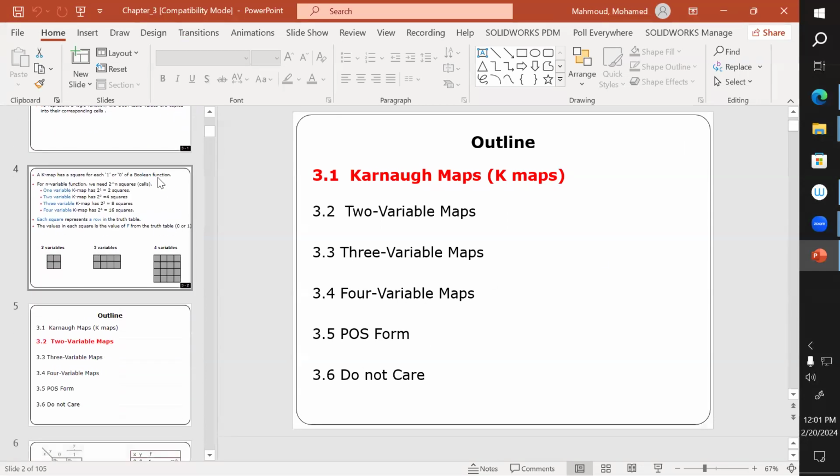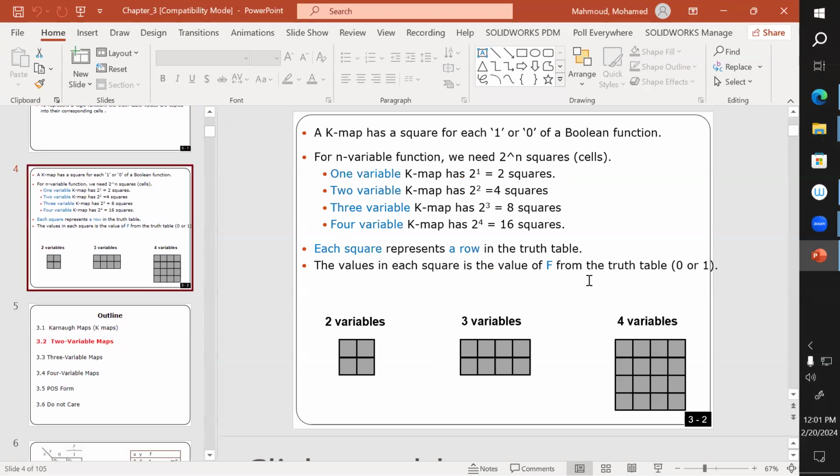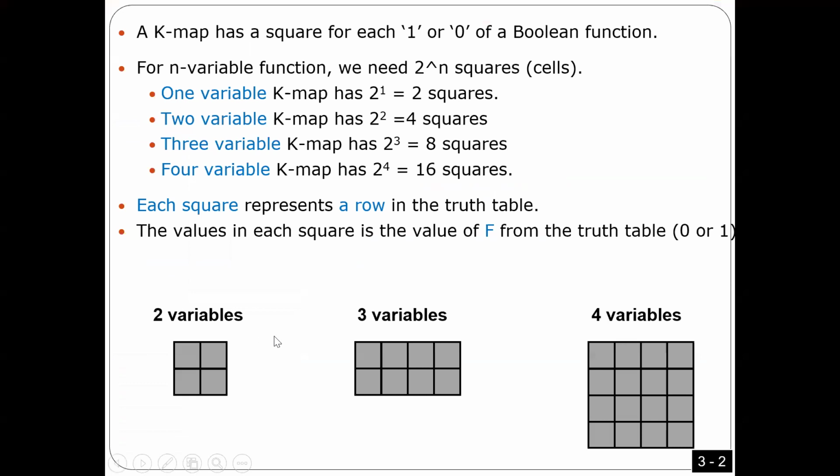If you have two variables, the map has 4 squares. In case of 3 variables, it has 8 squares. In case of 4, you have 16. So the relation is 2 to the power of 2, 2 to the power of 3, 2 to the power of 4. This is the number of squares.